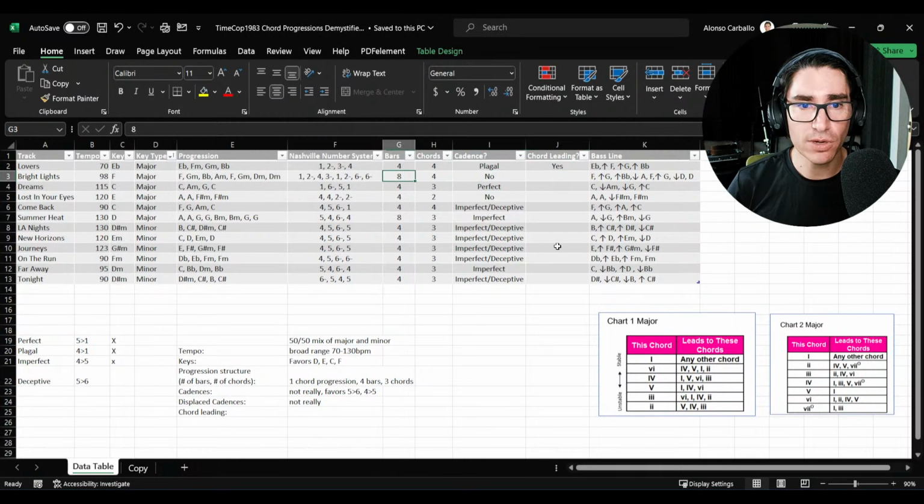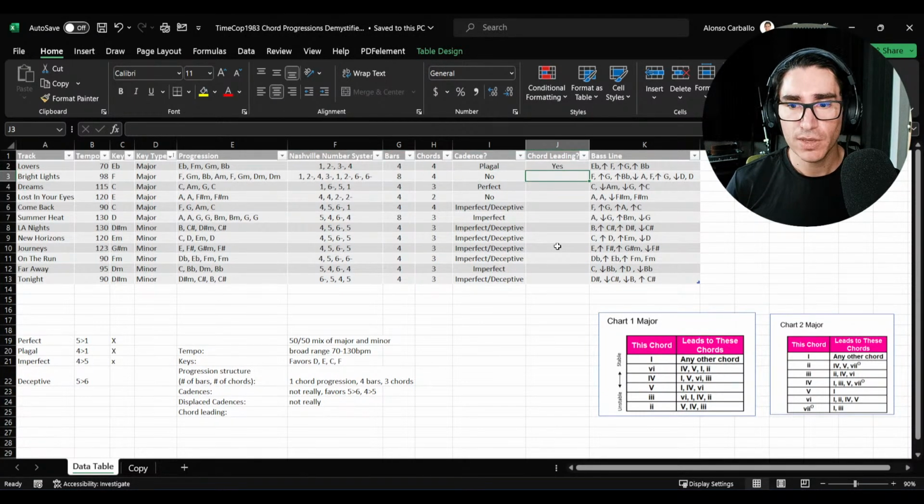What about this other one? 1, 2, 4, 3, 1, 2, 6, 6. 1, 2, yes. From the 2 to the 4, yes. 4 to the 3, yes. And 3 to the 1, yes. So this first half, 1, 2, 4, 3, yes. We can come at this result using chord leading charts.